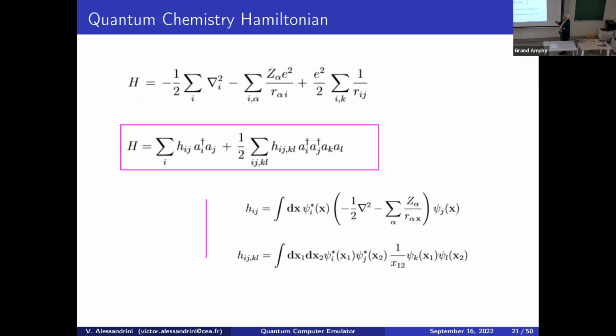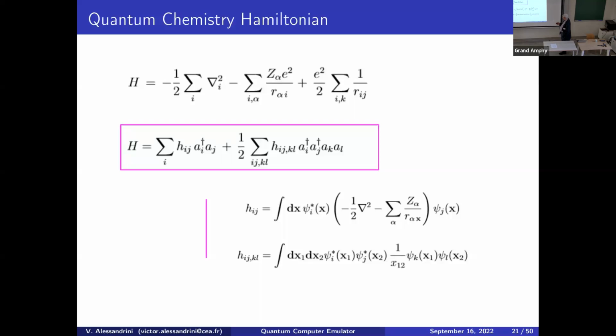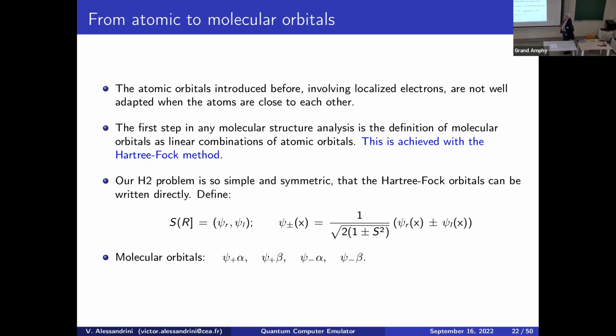We have, for the electrons, the kinetic energies, the interaction with all the nuclei, and the Coulomb repulsion. And the atomic orbitals we introduced before are not the good ones, because we know that the electrons are not localized. Wave functions overlap, and electrons can jump from one side to the other.